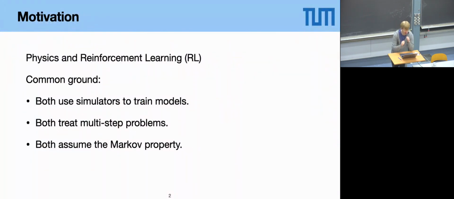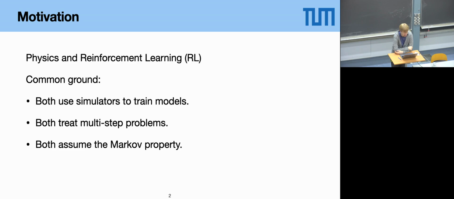and that is what makes it very different from supervised machine learning. So why is the lecture on reinforcement learning today in this course with a focus on physics? Deep learning can not only be done with data, but also with simulators or governing equations. That's one thing the two fields have in common. Another thing would be the multi-step character.